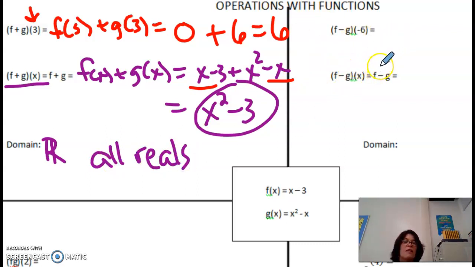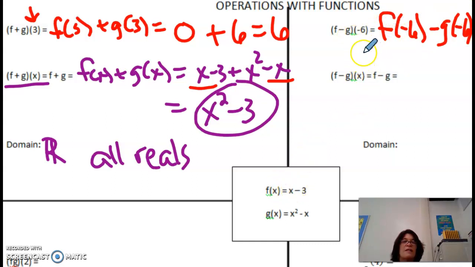f minus g of negative 6 will be f of negative 6 minus g of negative 6. Okay? So I just have to stick negative 6 in for x. Negative 6 minus 3, I'm putting that in the f function. Negative 6 minus 3 is negative 9. Minus what I get when I put negative 6 in for x down here.